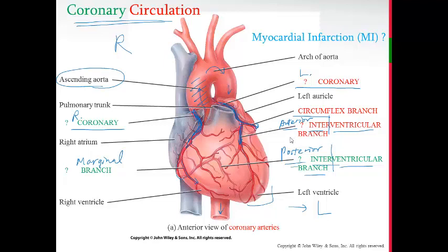Now you might have heard of myocardial infarction. This is another name for a very common condition we call the heart attack. So myocardial infarction, imagine if you have a clot and it's big enough, it got stuck right over here in the blood vessel and it can't travel anymore.